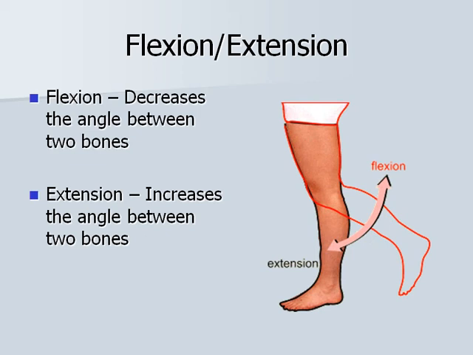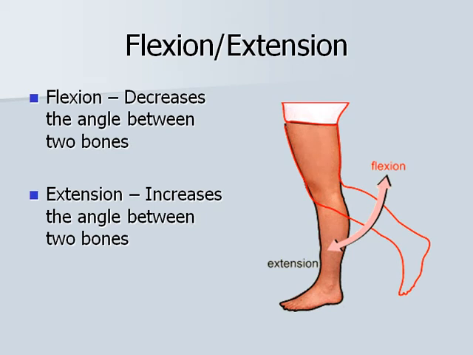Okay, a little bit of geometry. How many degrees are in a straight line? 180. Very good. How many degrees are in a right triangle? Very good. 90. This is the difference between flexion and extension. For the most part, you can think of your erect body as being 180 degrees.